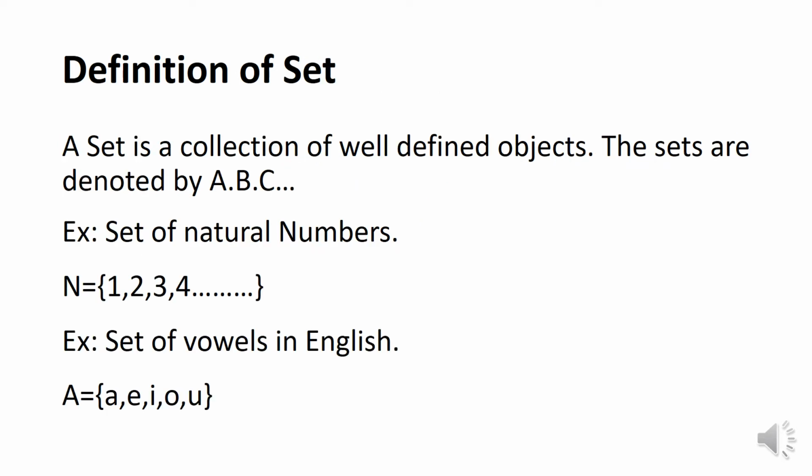Then the definition of a set. The set is a collection of well-defined objects. The sets are denoted by the capital letters A, B, C, etc. The examples for sets are the set of natural numbers, which is denoted by the capital letter N, and the elements of the set are written in flower brackets: 1, 2, 3, 4, etc. is the set of all natural numbers.